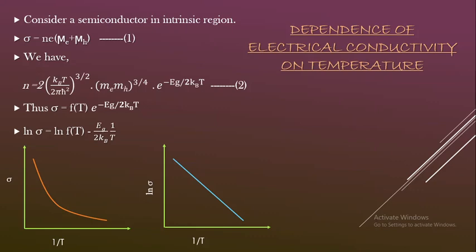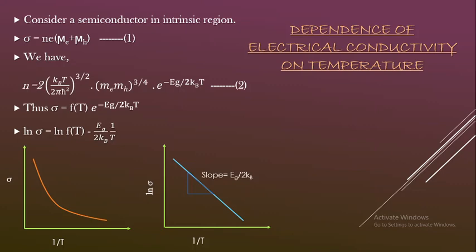So if you take the slope of it, then the slope will be equal to Eg by 2 kB, and the minus represents a negative slope. So we are getting a decreasing straight line.